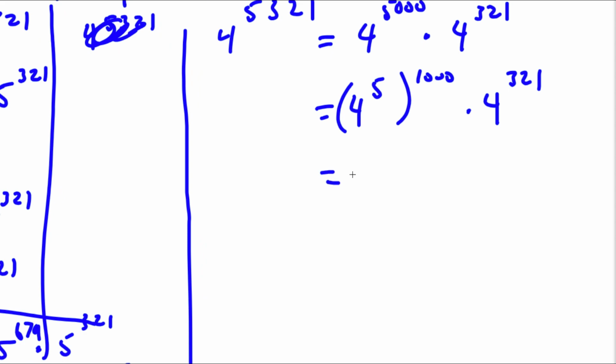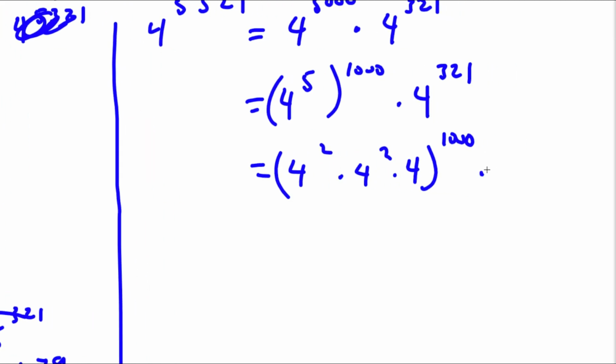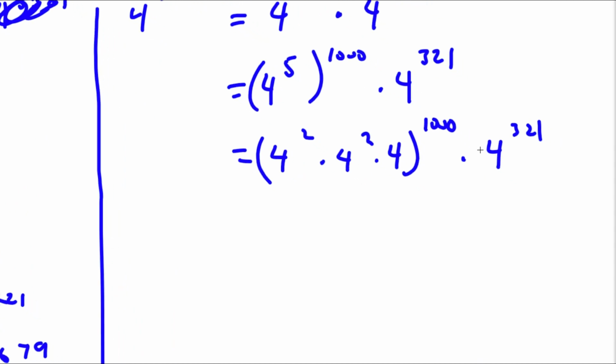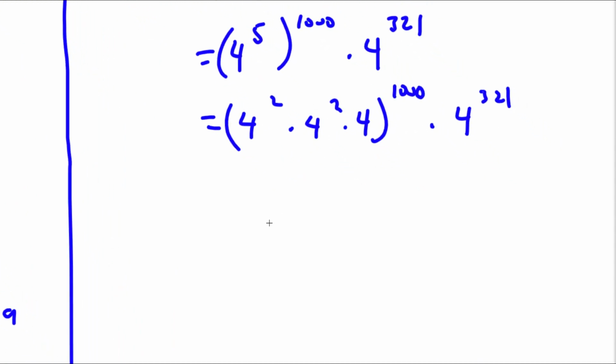Now 4 to the power of 5 we could rewrite as 4 squared times 4 squared, to the power of 1,000 times 4 to the power of 321. Now this, in the parentheses, would equal 1,024 to the power of 1,000 times 4 to the power of 321.